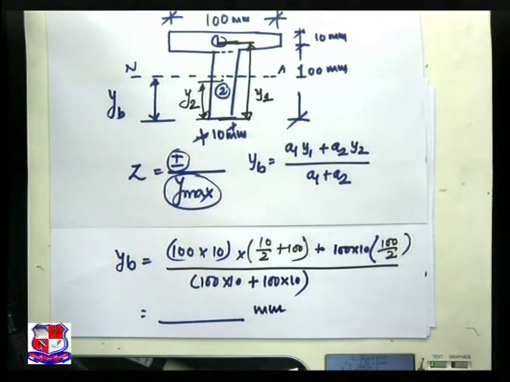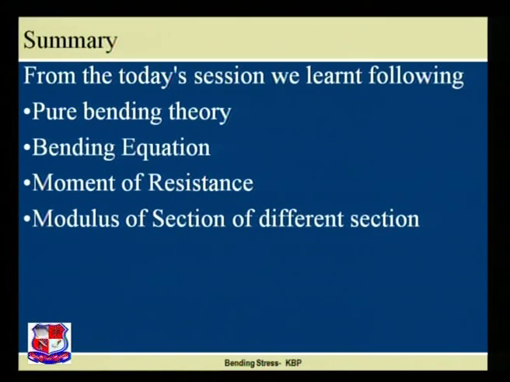So, from today's session, we understood the pure bending theory, we understood the bending equation, that is M over I is equal to F over Y is equal to E over R. We understood moment of resistance, M is equal to F into Z, and we have also found out the modulus of sections of different sections. We will solve more numericals in the next session. Till then, please study more from the book at your home. If you find difficulty, ask the question. Thank you.